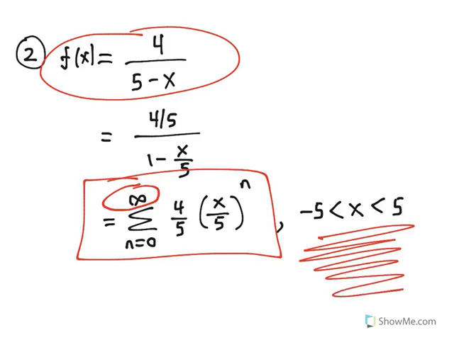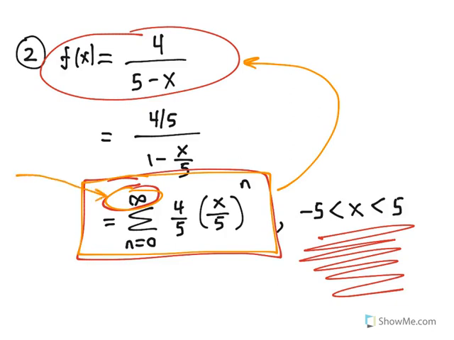So for x values that are between negative 5 and positive 5, our infinite geometric power series will not be an approximate representation, but it will be an exact representation of the function. But the condition is that your geometric power series has to be infinite.